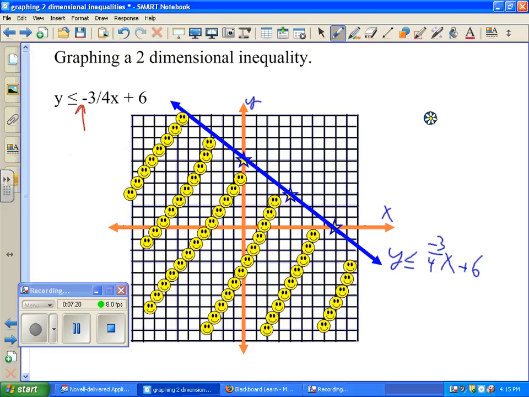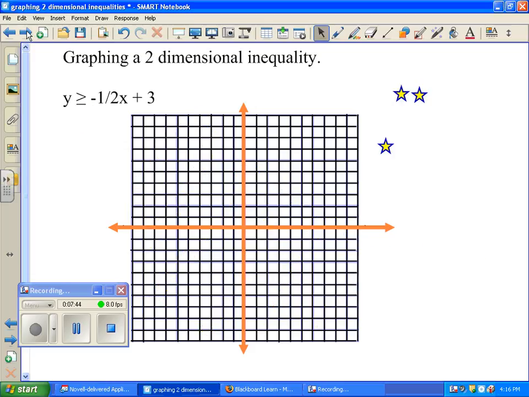Since the inequality was underlined, it's less than or equal to, notice I'm using a solid line. I labeled the x and y axis. I labeled the equation. The answer was yes, 0 is less than 6, so I shade the origin side or the yes side of the question.